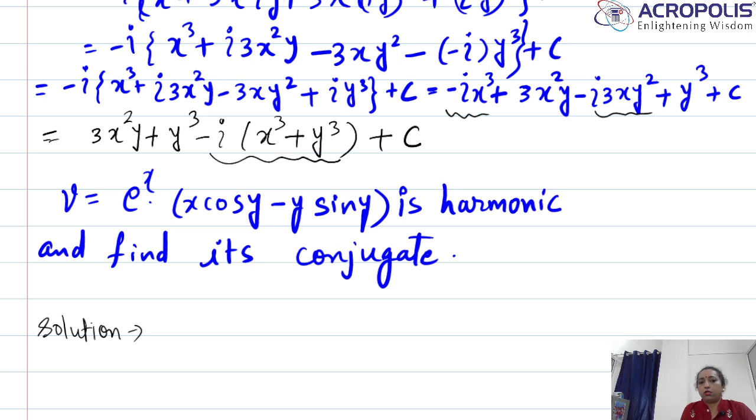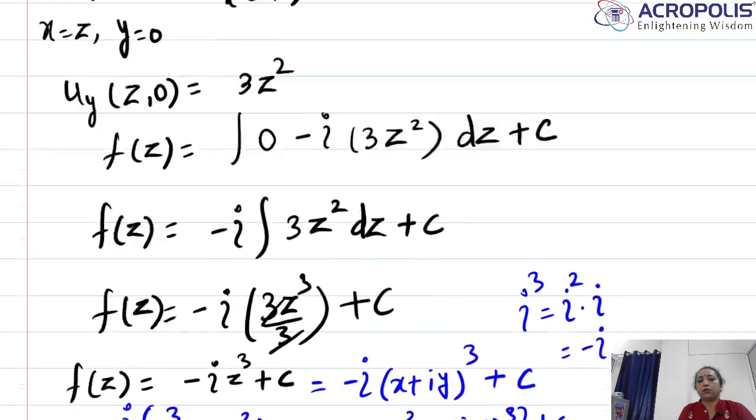So this is written as the function v, minus of x cube plus y cube. So this is my final answer.